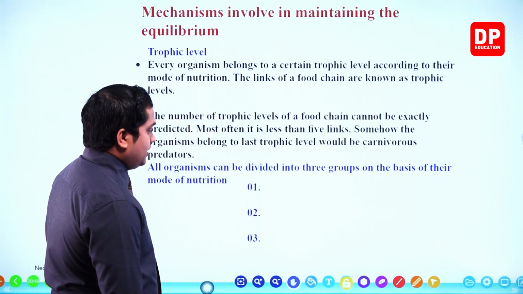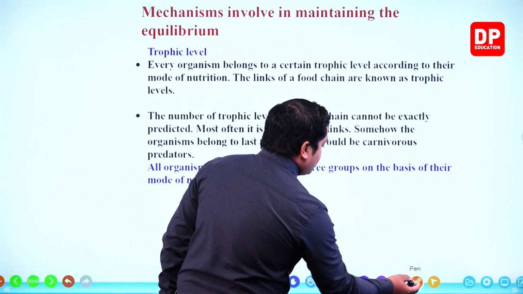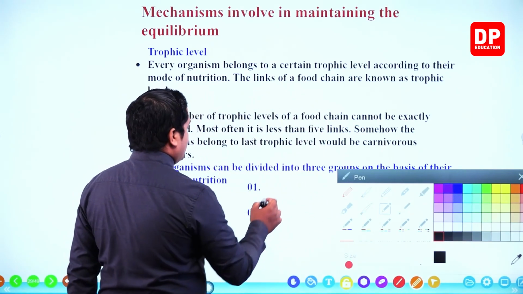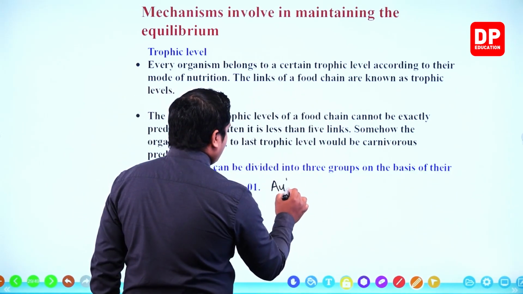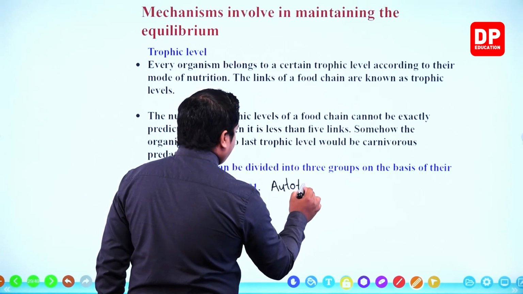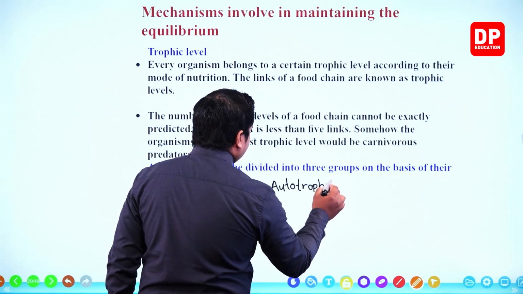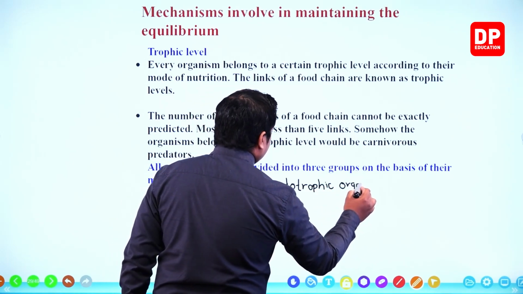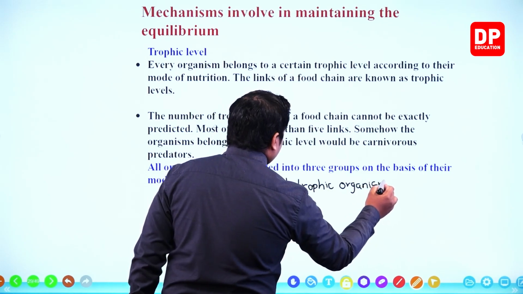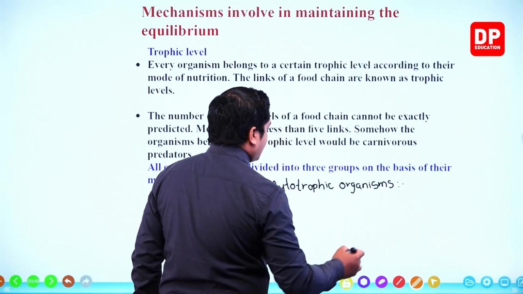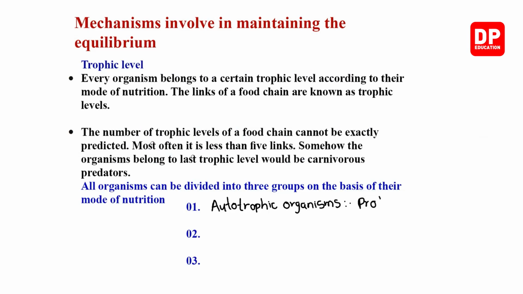Let's see. You know that there are certain types of organisms which can produce food. These are called autotrophic organisms. They produce food in themselves.